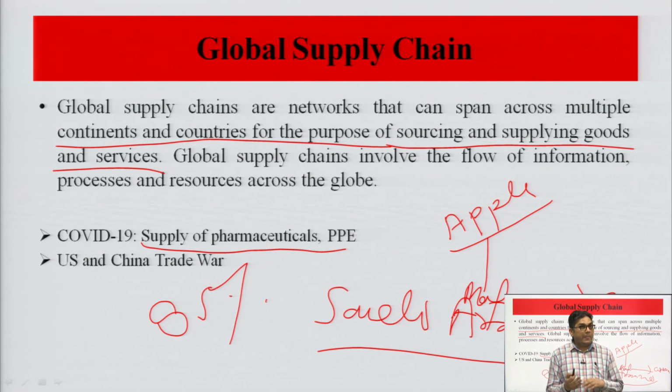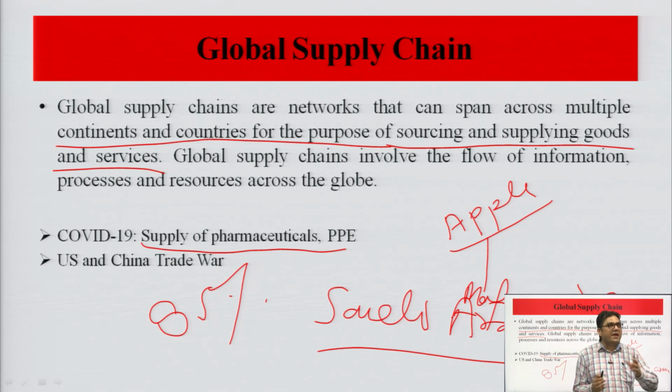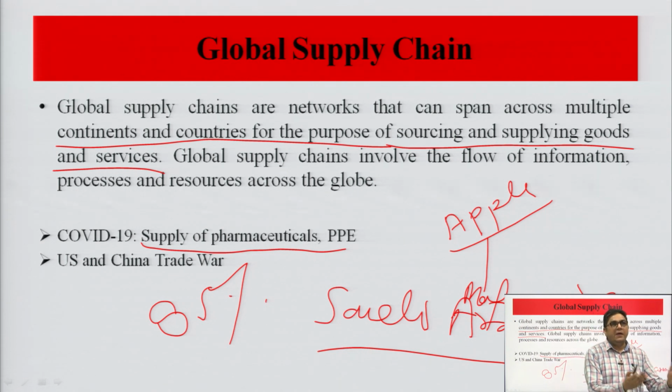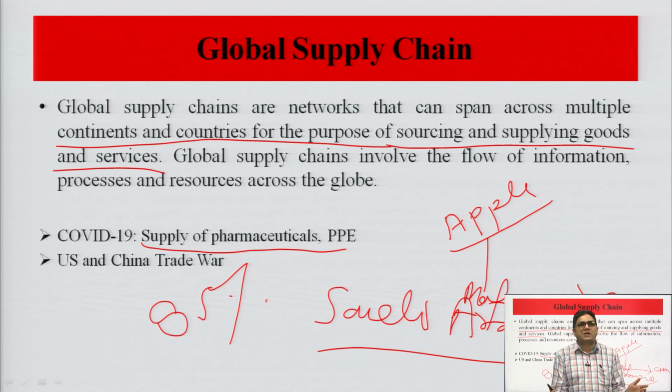So the supply got affected, but now discussion is going on between Biden and the Iranian government, and there is a possibility that the sanctions can be lifted. In case the sanctions go off, India would be able to take oil from Iran, and Iran would also be able to supply its oil across the world.